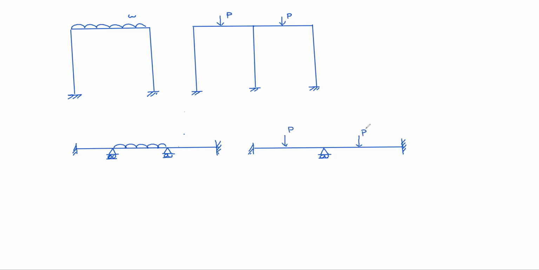Okay. Now, first draw the deflection pattern. Something like this.